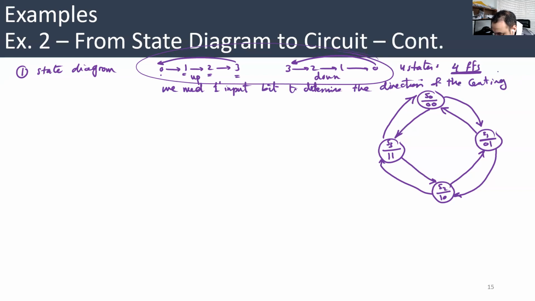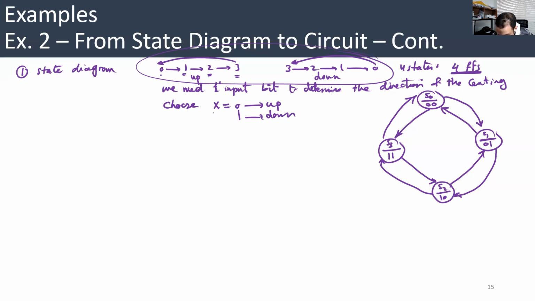For example, you can choose that when the input, let's call it X, is 0, we count up. When the input is 1, we count down. One may say, can I choose the opposite? Yes, you can choose that when it's 1, you count up. When it's 0, you count down. Whatever you like. That's your choice, basically.